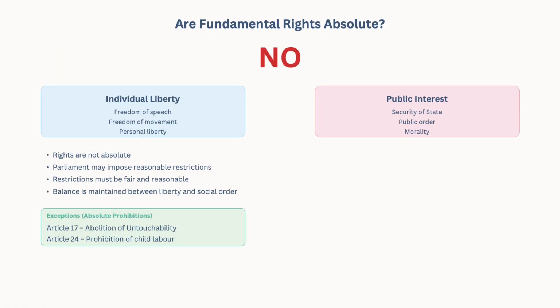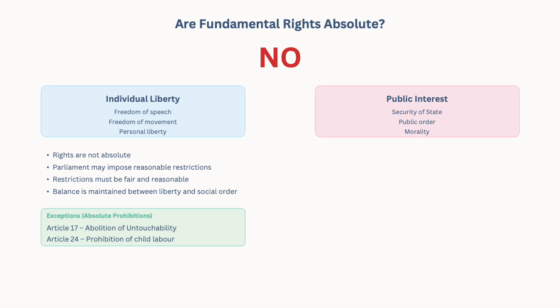Now we talked about whether a fundamental right is absolute. No. Fundamental rights are not absolute. Your freedom of speech can be taken away for the security of the state. Your freedom of movement can be taken away to maintain public order, and your personal liberty can sometimes be taken away.